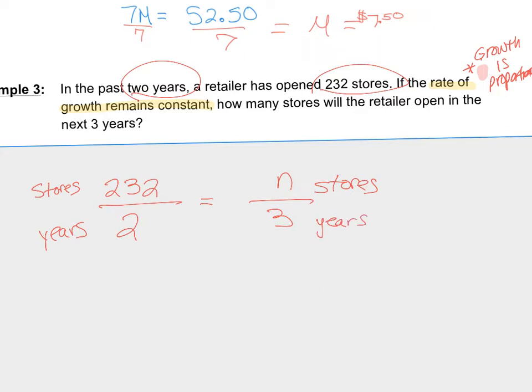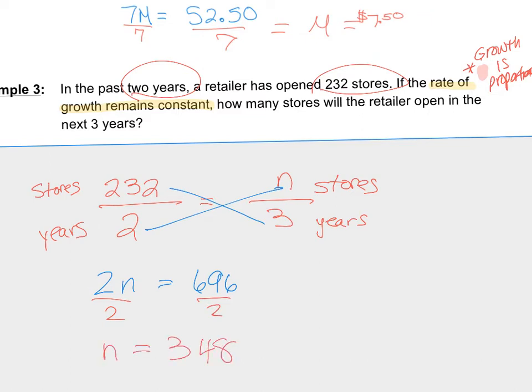And again, it's a proportion, so you can cross multiply. 2 times n is equal to 232 multiplied by 3, which is 696. Solve your equation by dividing by 2 on both sides, and you get that the number of stores is going to be 348 in 3 years.